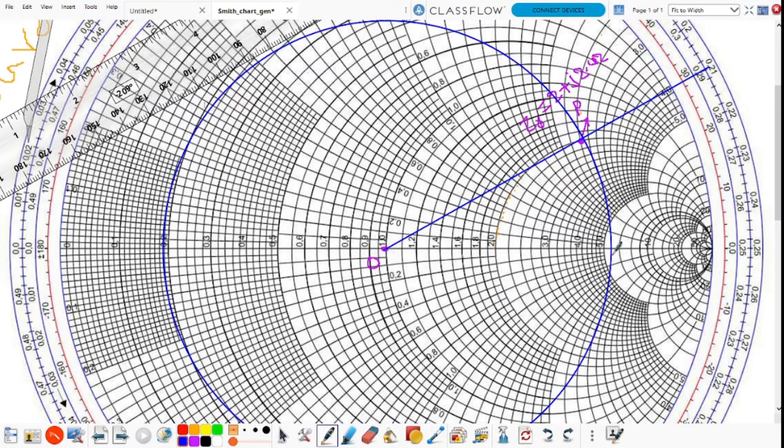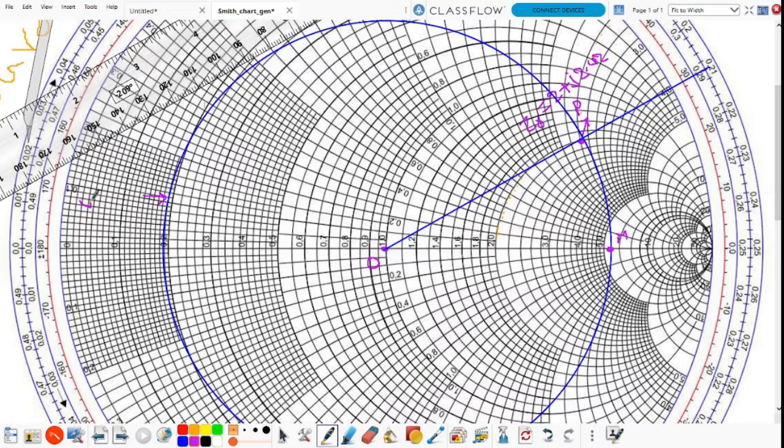That intersection point, or crossing point, is considered as point M. From the origin to the point M, the distance is approximately 5.5, and this is the VSWR circle.